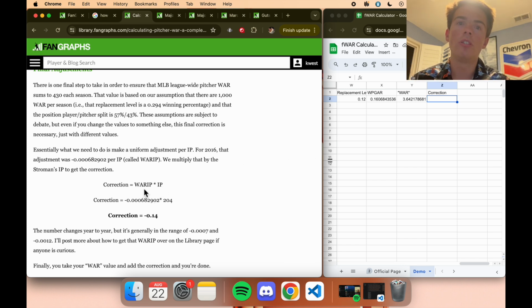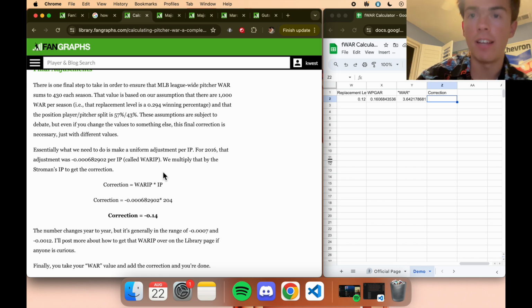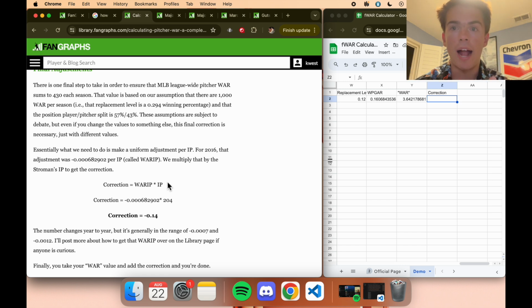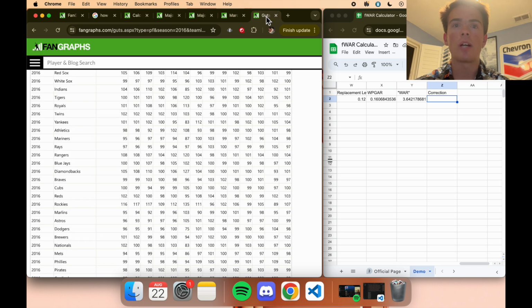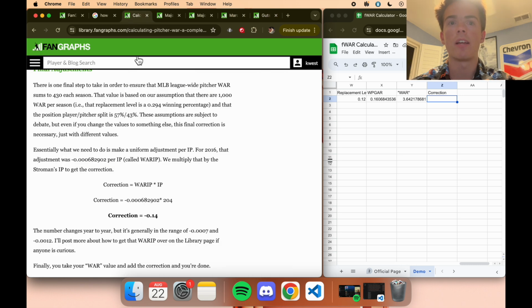So this is going to be WAR-IP, which is the second variable or factor that we are not given and we don't know how to calculate. For this example, we're just straight given it, but we can track down the park factor or something like that, we can't track down the WAR-IP. So that's disappointing, and I'll show shortly in some of the other sheets down here, I tried fooling around with stuff, trying to see what was going to help me be the most accurate.